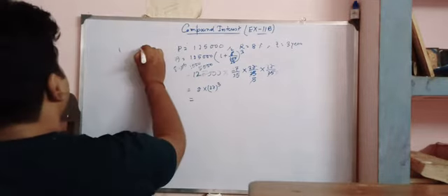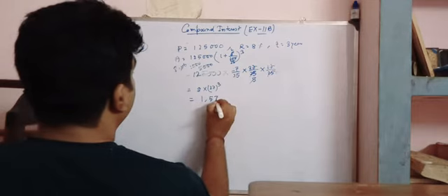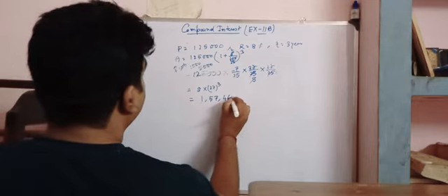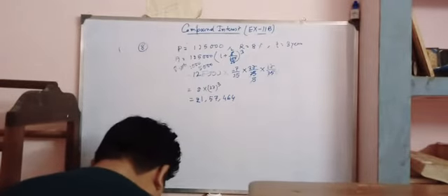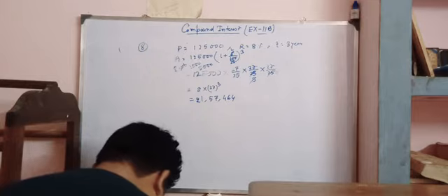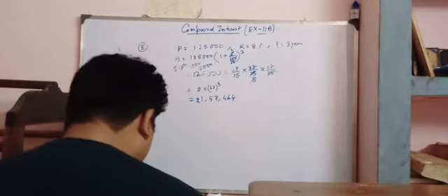This is question number 8. 1,57,464 rupees. So that amount should be debited from his account to clear the debt. Okay. Next, come to another question.